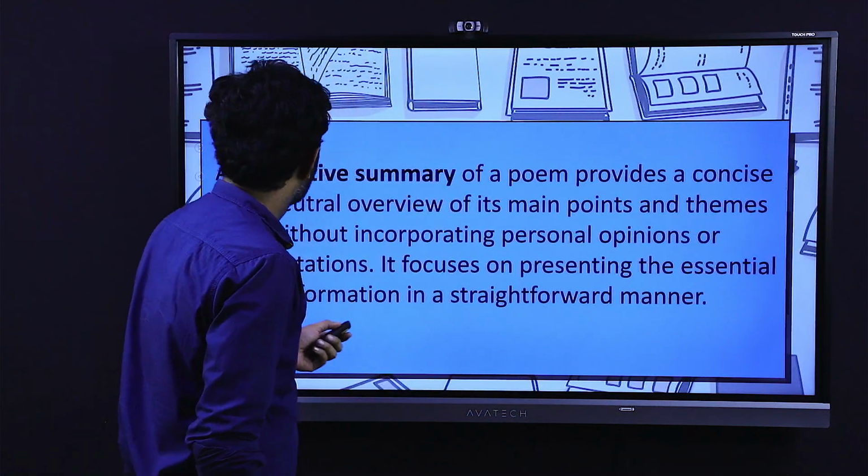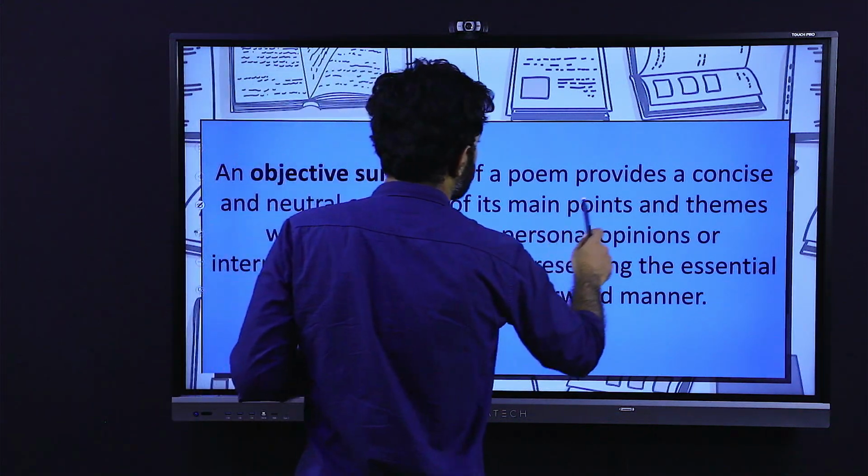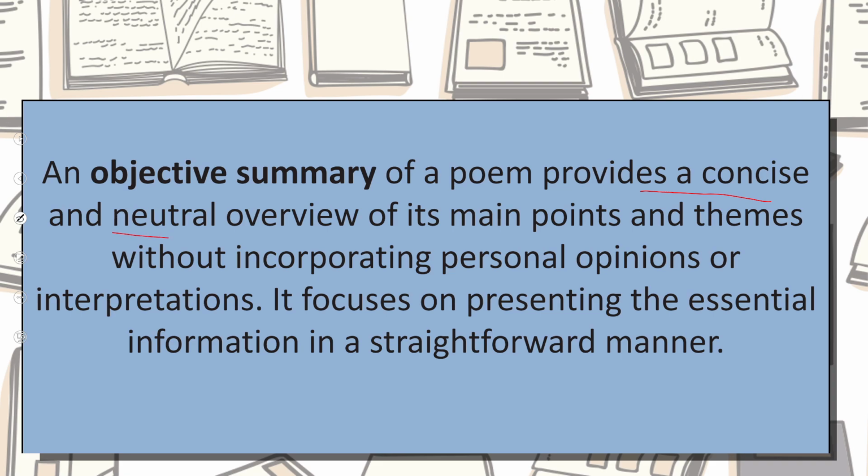Now, when we are talking about an objective summary, it provides a concise and neutral overview of the main points and themes without incorporating personal opinions or interpretation. It means that we have to be neutral.